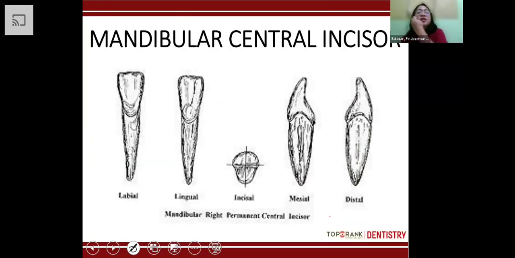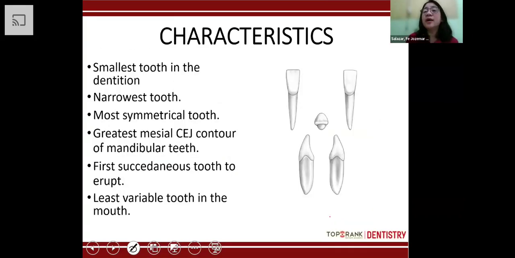Okay, so let's discuss your mandibular central. It is the smallest tooth in the dentition. It is the narrowest tooth, narrowest mesiodistally and labiolingually. Most symmetrical tooth, so it's bilaterally symmetrical. Distal and mesial surfaces are the same. Greatest mesial CEJ contour among your mandibular only.